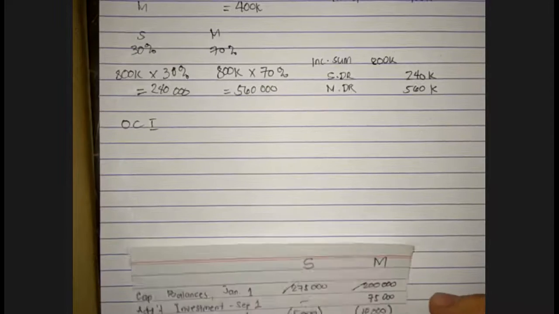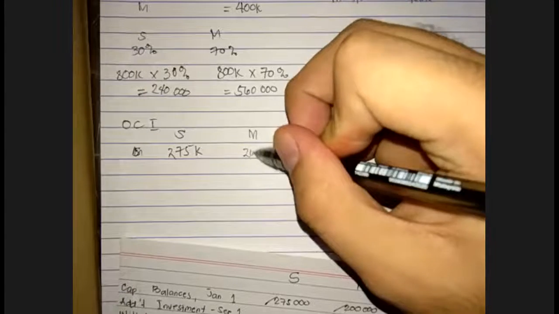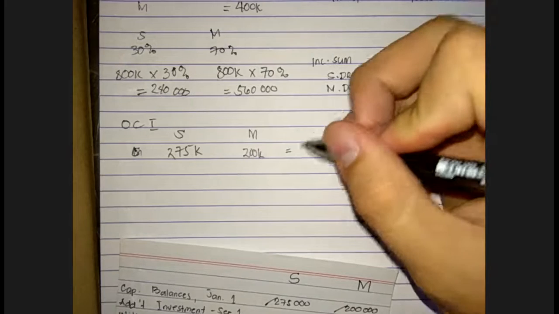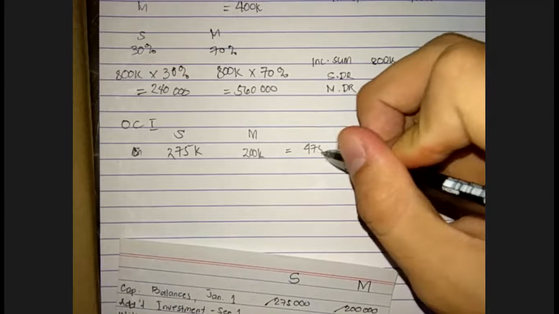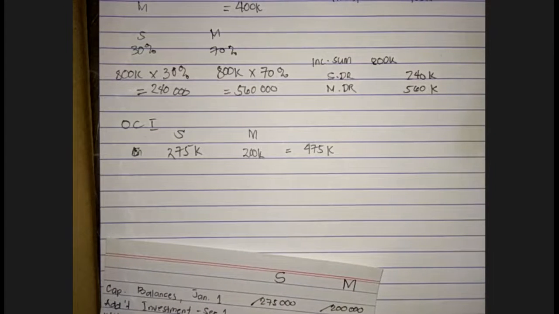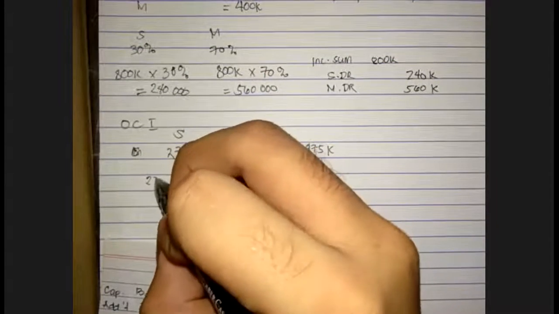So, let's compute. CS ay mayroong 275. Dito, NCM is mayroong 200,000. 275 plus 200,000 is equal to 475,000. Ngayon, to compute yung hatian ng dalawa ng profit, ganito ang gagawin natin. CS, mayroong 275,000.